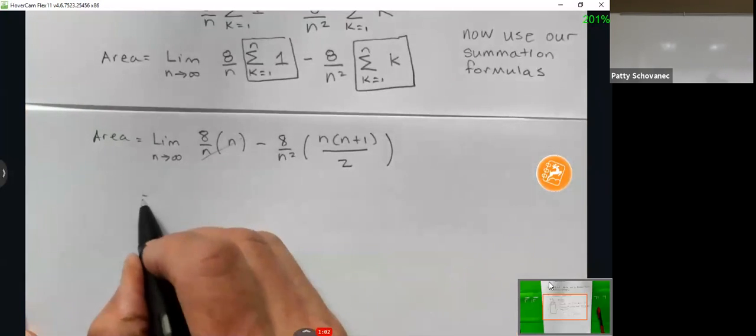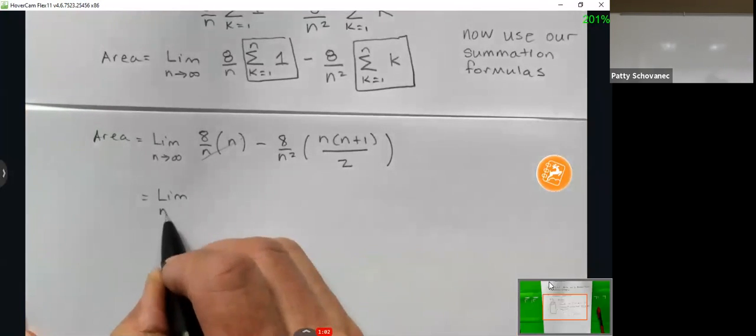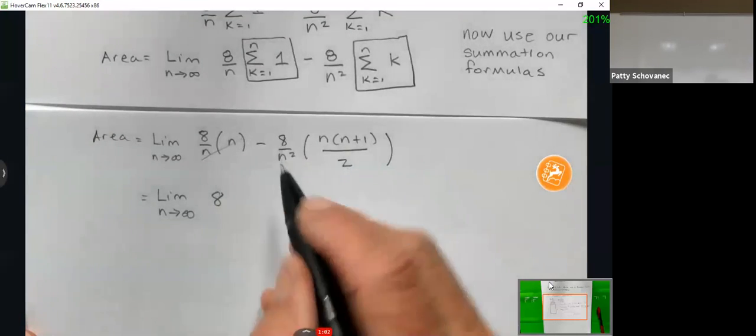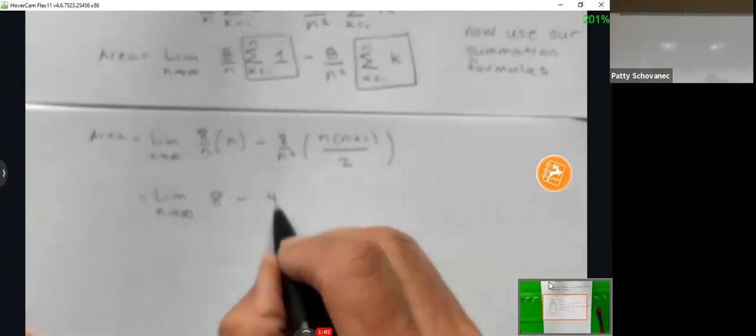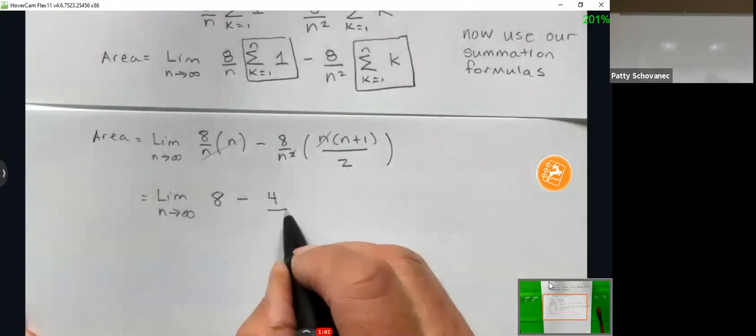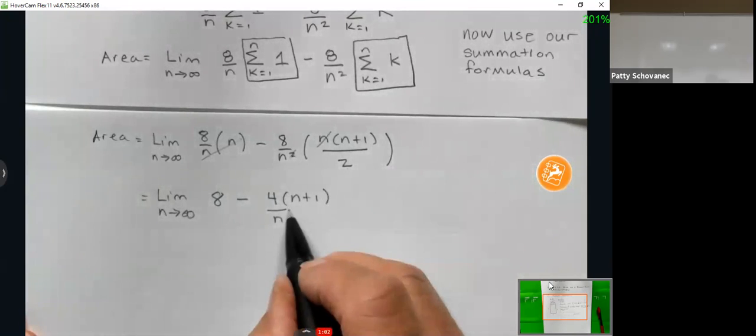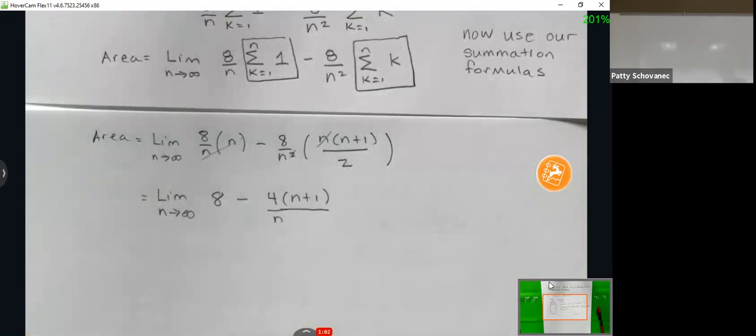Those cancel, and I get an 8. 2 goes into 8 4 times. One of these n's cancel, and I have that. So that's an easy limit to take. The 8 is all by its lonesome, so its limit as n goes to infinity is still 8.